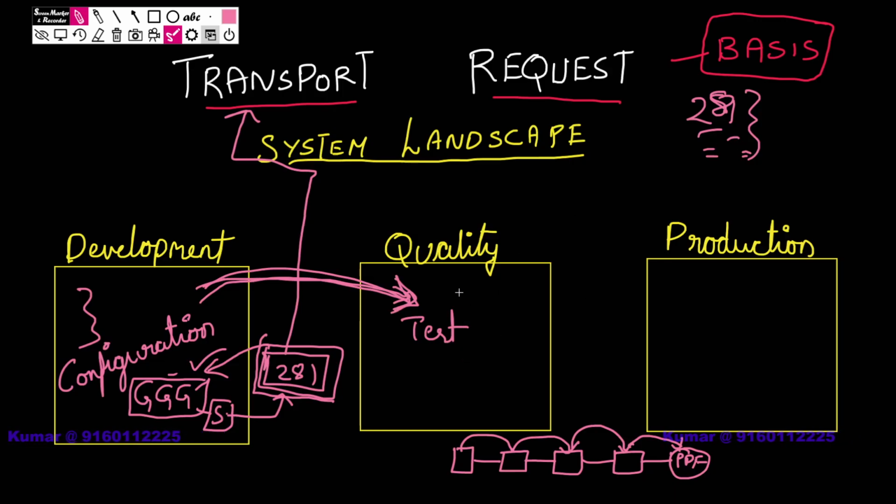After transporting, all the configurations will be there in the quality server, and we are going to test those as if we are doing the business. We'll assume that we have done one sale to a customer, and we'll assume that we paid some amount to vendors.